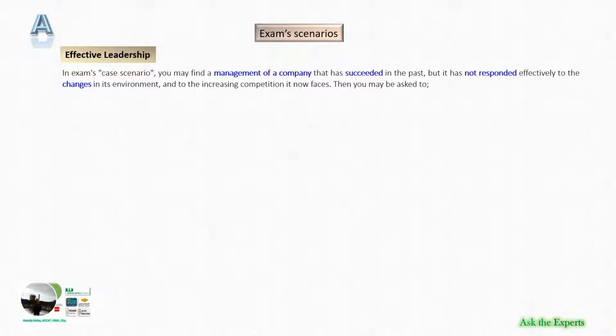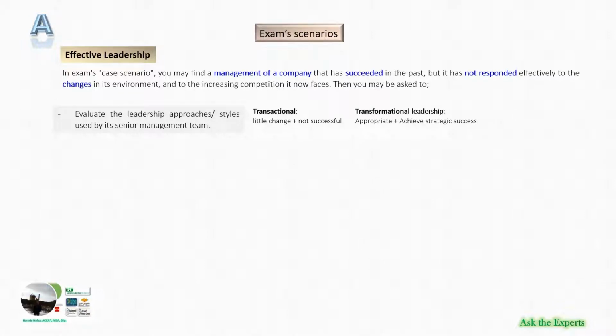If you are asked to evaluate the leadership approaches or styles used by its senior management team, then your main points to focus on could be: the transactional style may lead to little change, but could not be successful. On the other hand, transformational leadership could be more appropriate and could lead to strategic success. Finally, consider the change management role effects on vision and innovative changes.